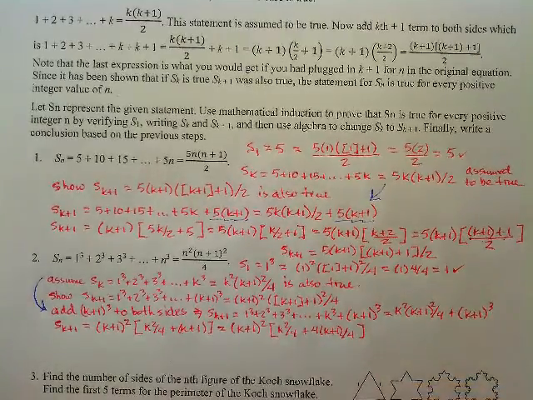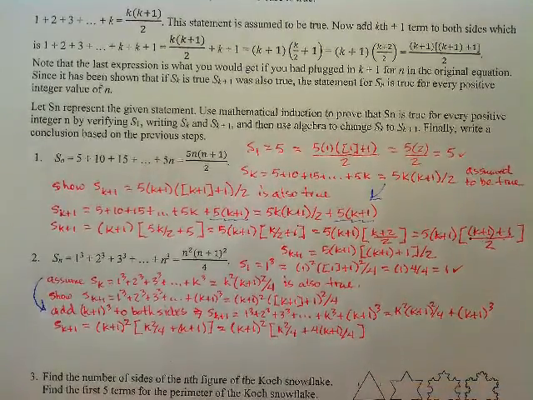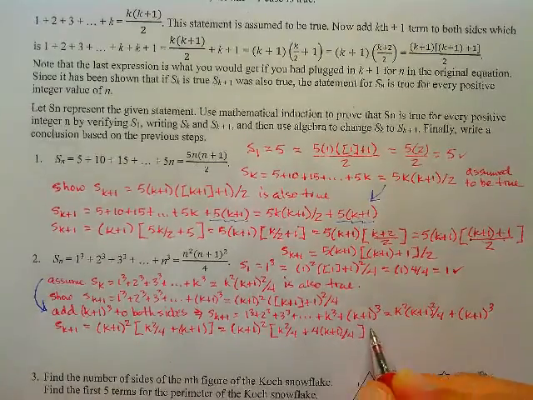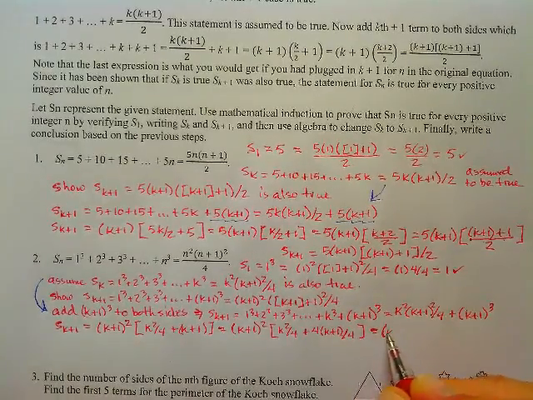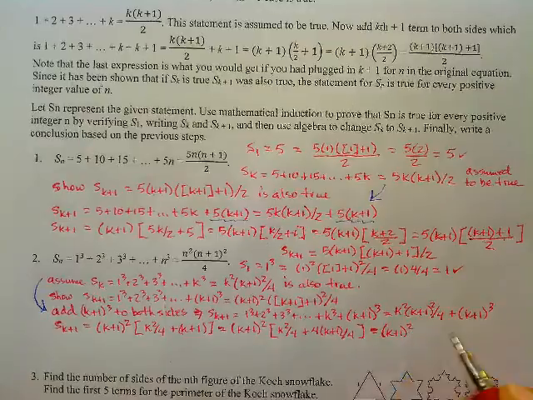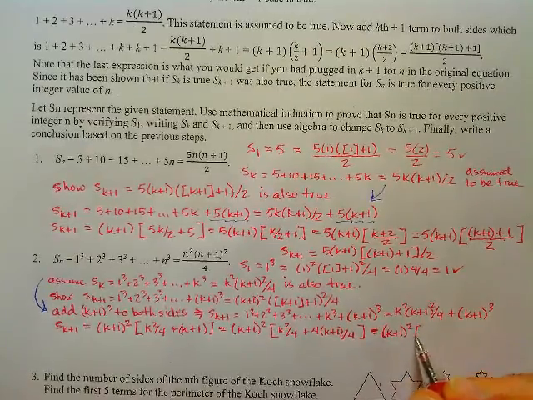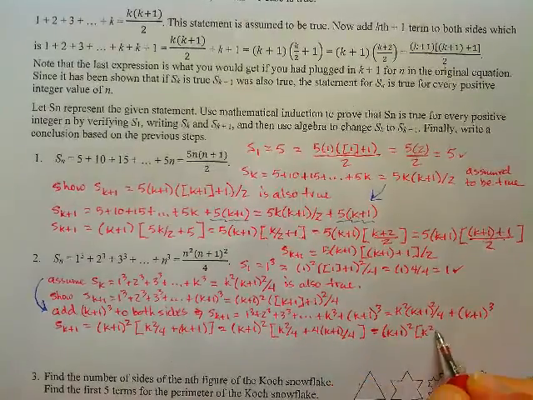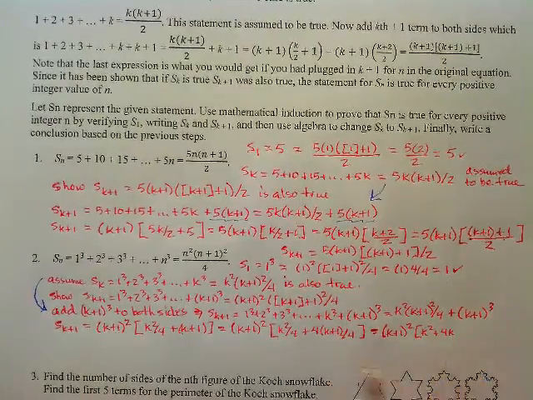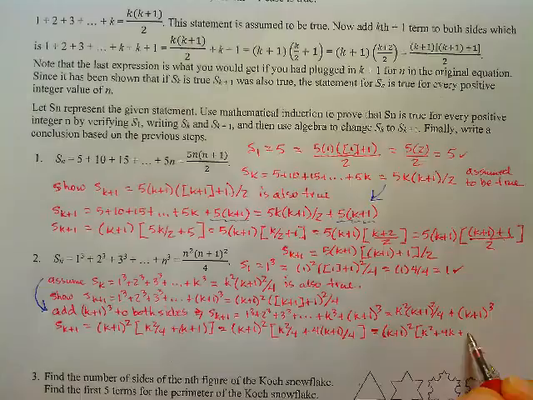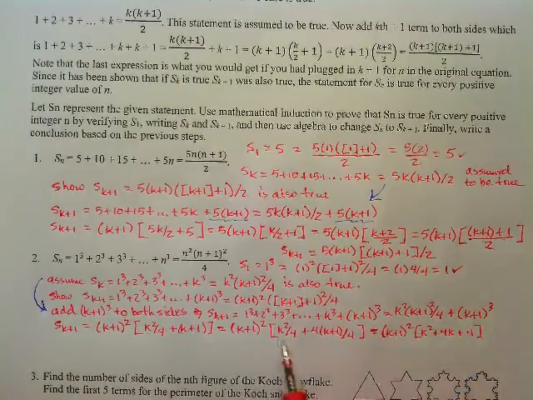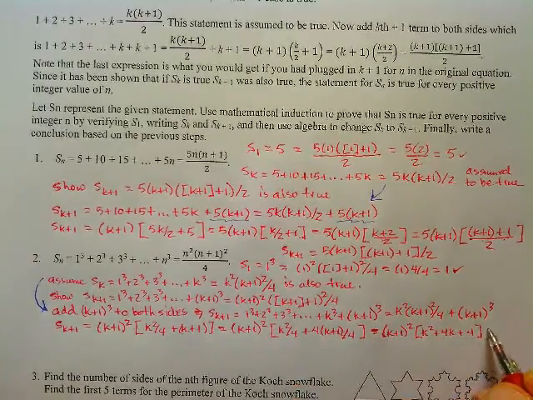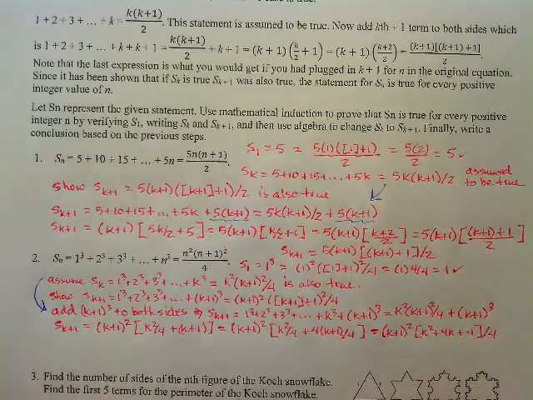By doing that, now I can add these two together, and this gives me (k+1) squared times (k squared plus 4k plus 4), and all of that is over 4.